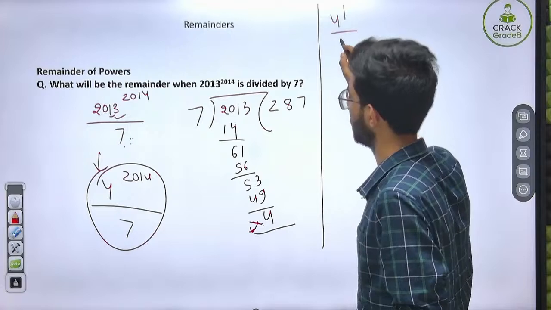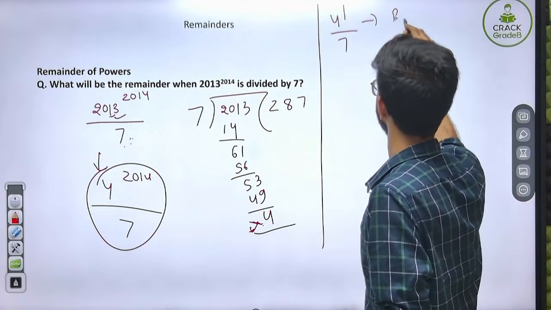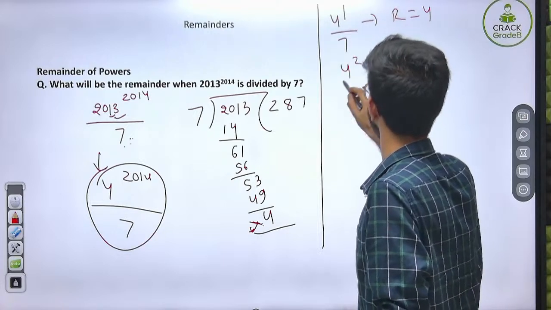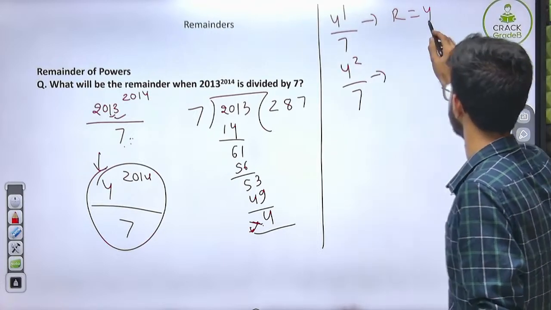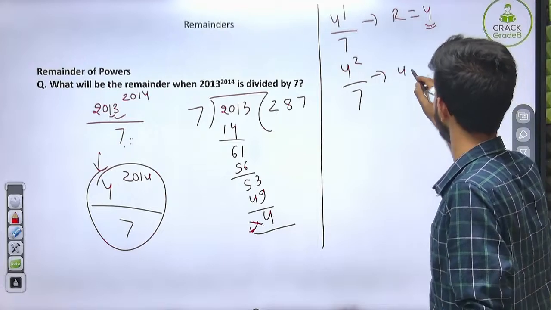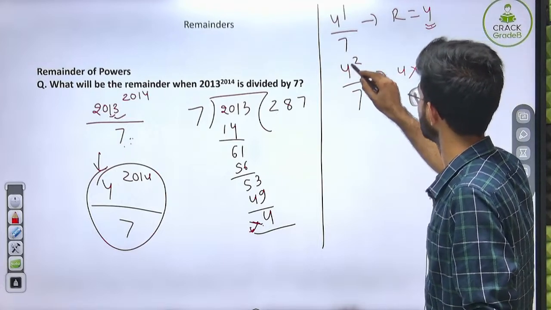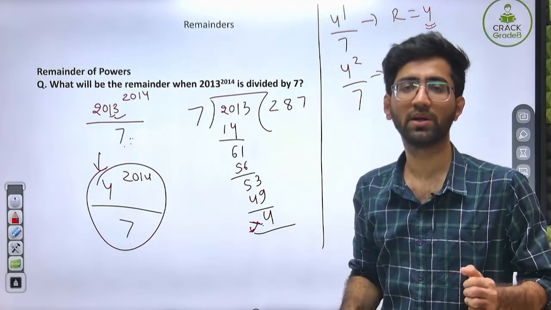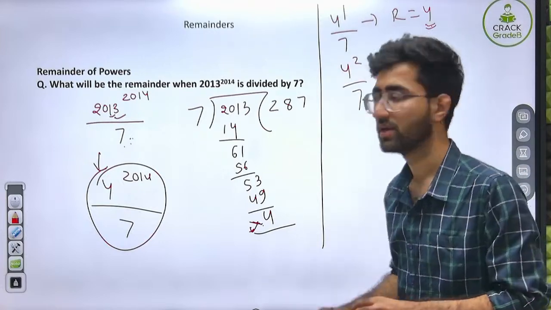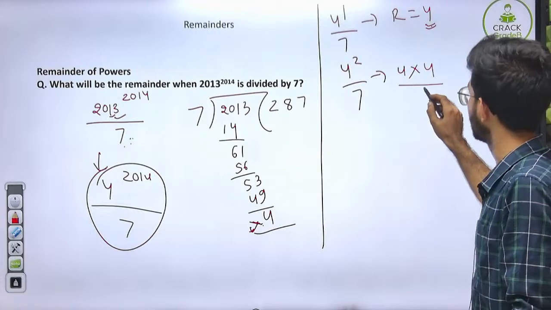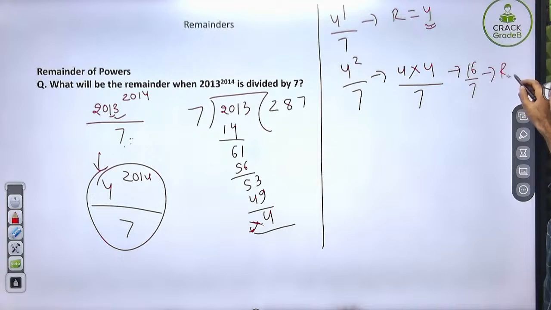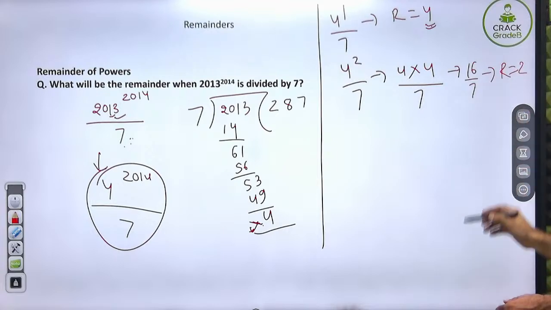If you divide 4 to the power 1 by 7, remainder will be equal to 4. 4 to the power 2 by 7: earlier the remainder is 4, and you have increased one power more. So 4 into 4, 16 by 7, you will get remainder equal to 2.